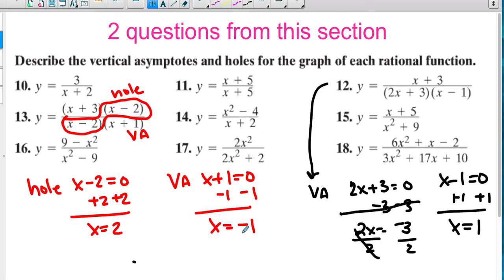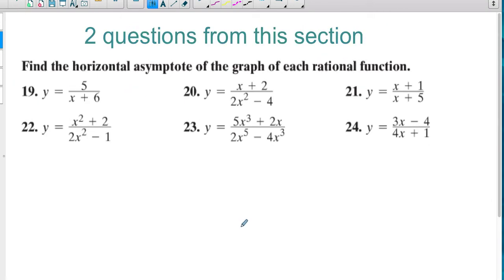All right, and then the third section that we had done in the last section from this test prep, it says find the horizontal asymptote of the graph of each rational function. All right, so this one does not have anything that we're adding to, and that's what was confusing in comparison to 9-2.